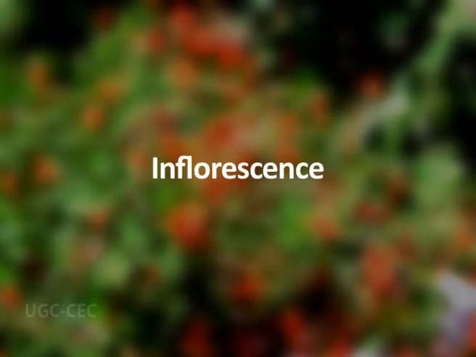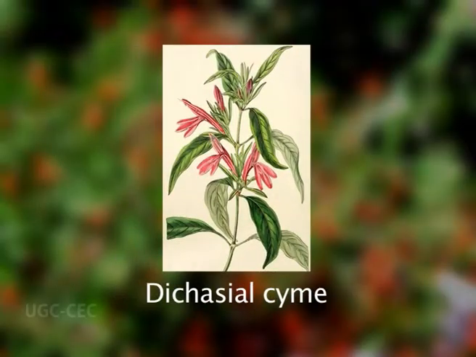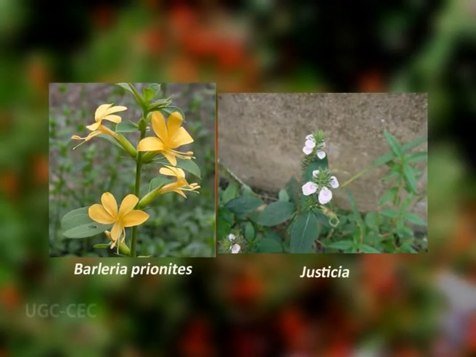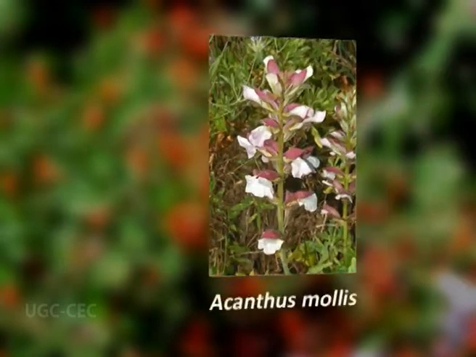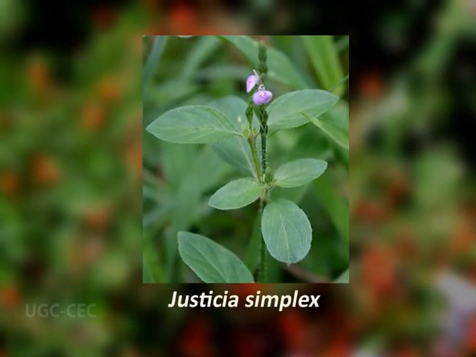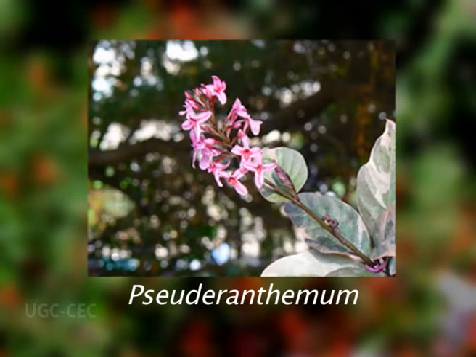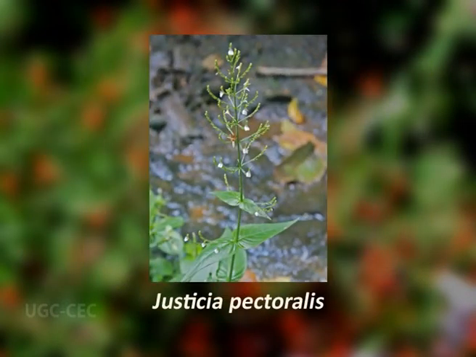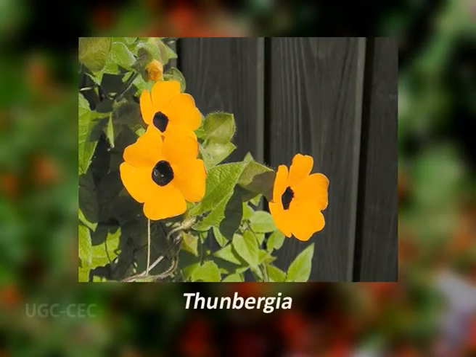Now the inflorescence. Inflorescence is generally cymose, a dichasial cyme ending in a monochasial cyme. It's racemose in Barleria and Justicia, spike in Acanthus mollis, Justicia simplex and Cedaranthemum, panicle in Justicia pectoralis and solitary in Thunbergia.